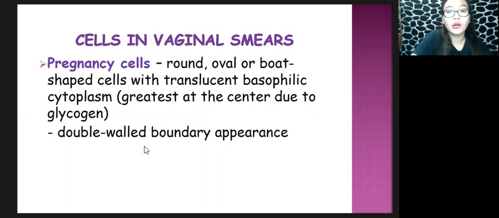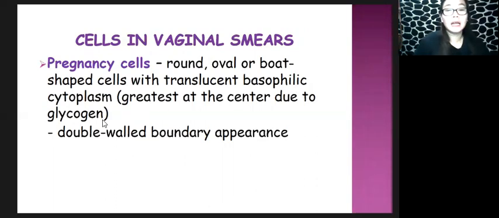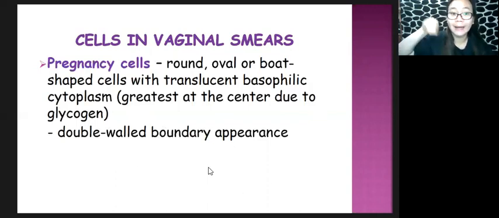Okay, so your pregnancy cells appear as round, oval, or boat-shaped cells with translucent basophilic cytoplasm, and it is usually this translucent characteristic that is seen in your pregnancy cells, this is greatest at the center due to the presence of your glycogen.